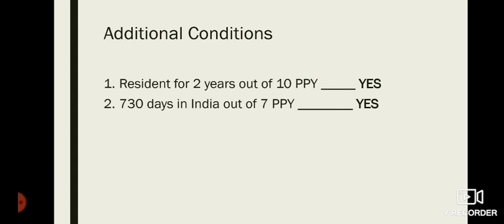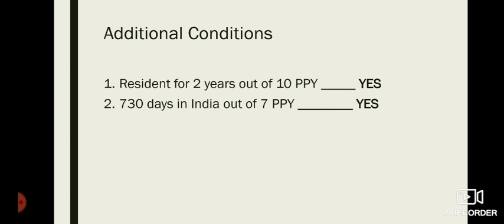The first additional condition is resident for 2 years out of 10 preceding previous years. Was he resident for 2 years out of 10 preceding previous years? Yes, because he left India for the first time on 1st January 2020. That means in all the previous years he was resident in India.